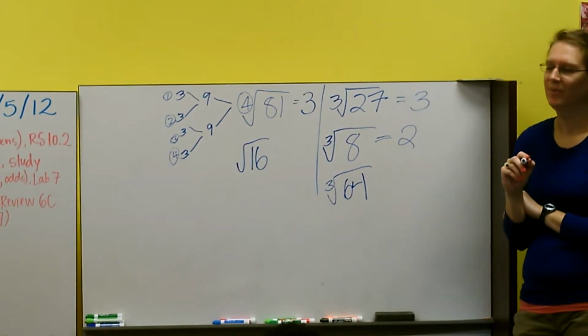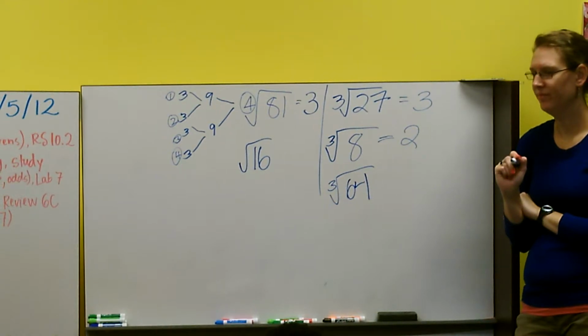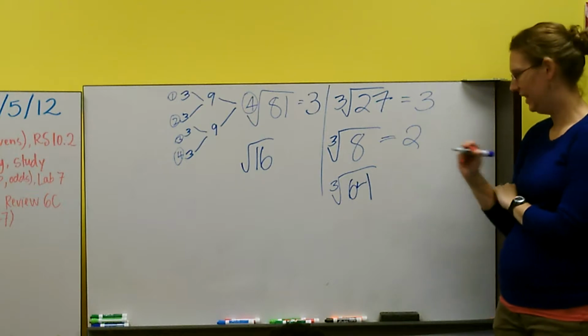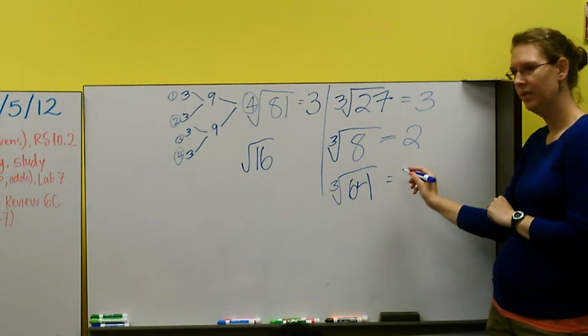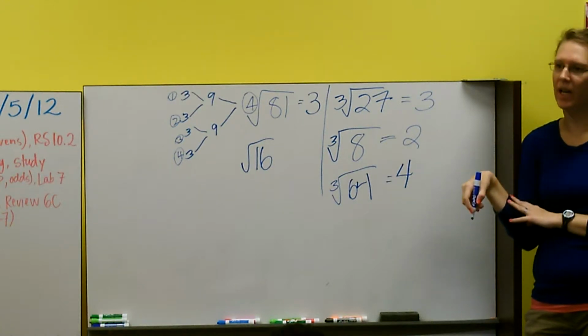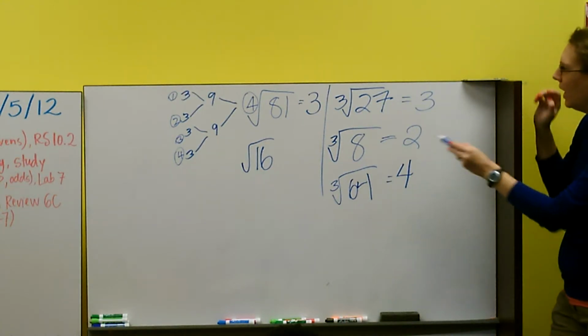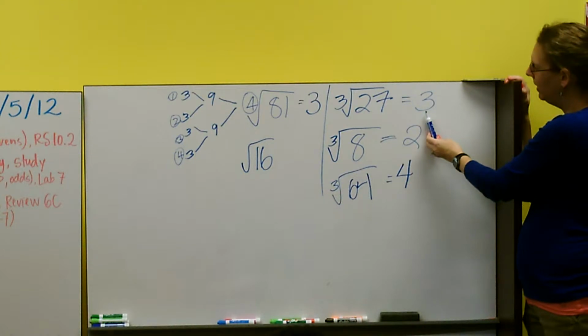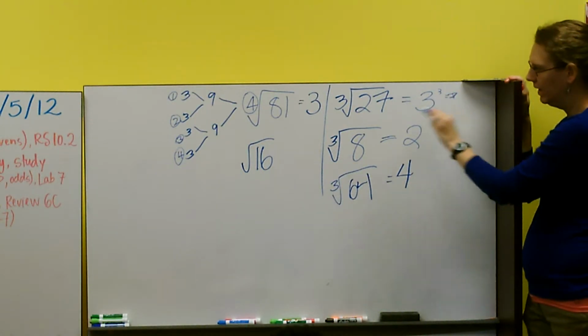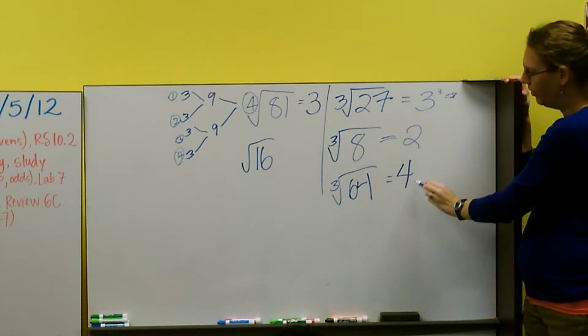Destiny? Exactly. So the third root is 4. 4 times 4 got us 16 times 4 got us 64. So the third root of 27 will always be 3 because 3 cubed is always 27. Same with the 8s, 2 and 4.